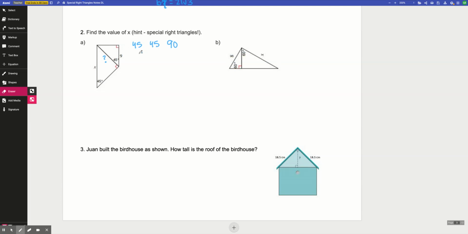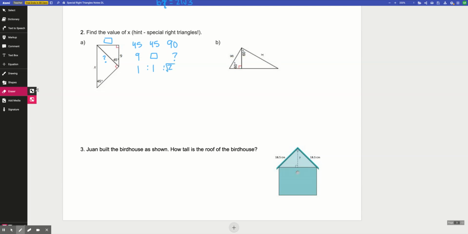So remember, I have a 9, and I don't really know what this other value is across from the other 45-degree angle, but that doesn't really matter. So I'm just going to put a box there because I don't need it. What I'm looking for is the question mark value, which is across from the 90. And then you have the ratio 1 to 1 to root 2.